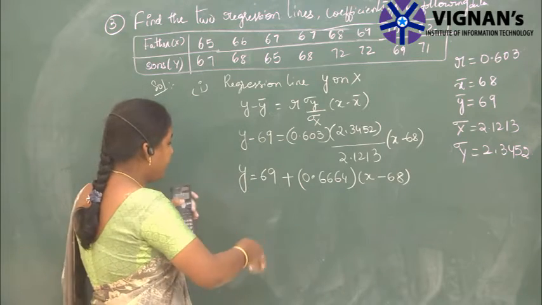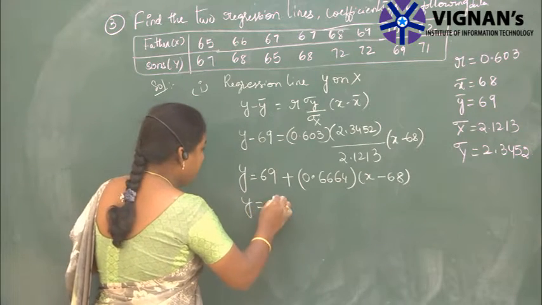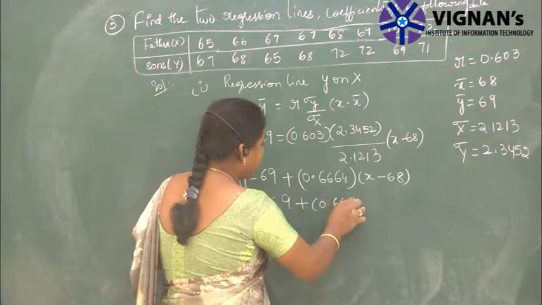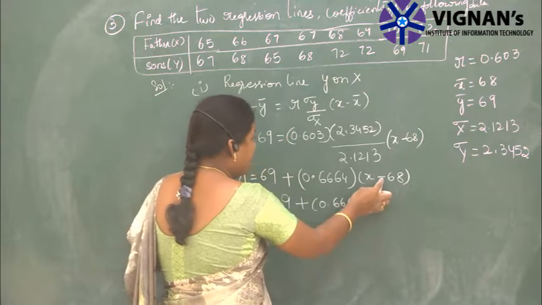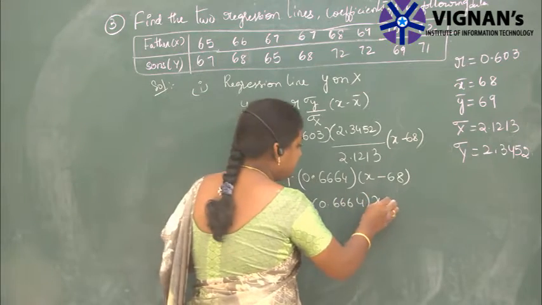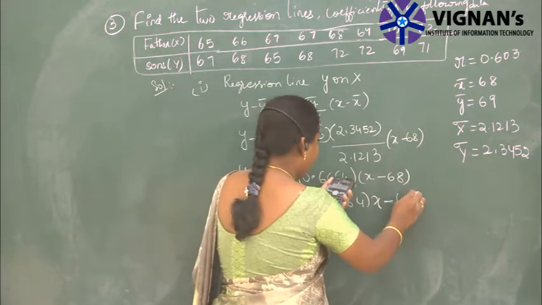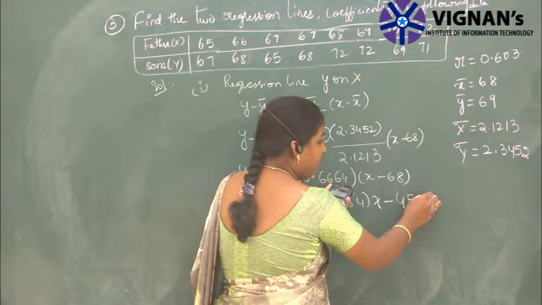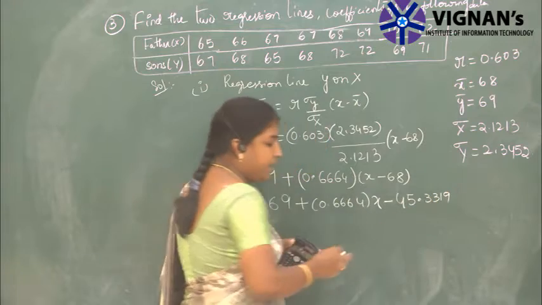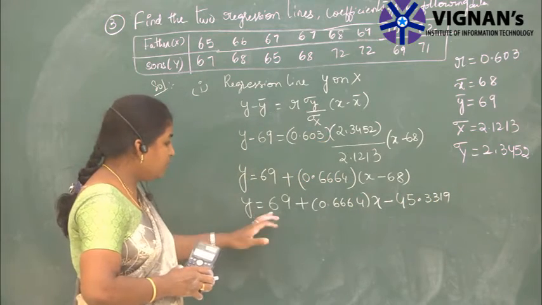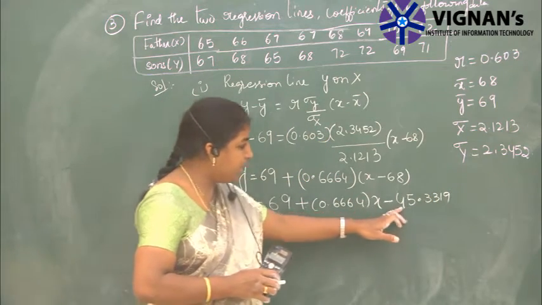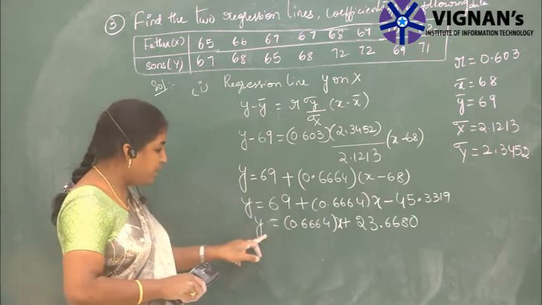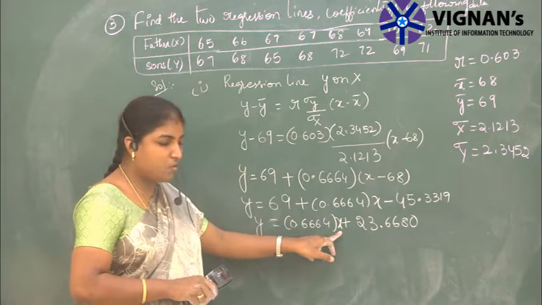So this can also be written as y equal to 69 plus 0.6664 into x, and plus into minus is minus, 45.3319. Okay. So this is 69 minus 45 point this one. Now we are simplifying this one, we get y equal to 0.6664x plus 23.6680.